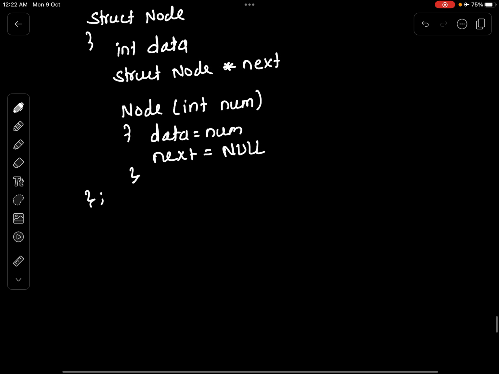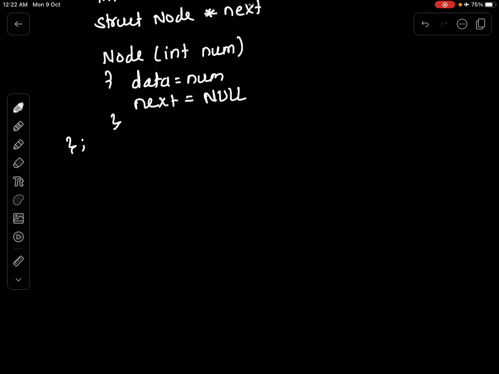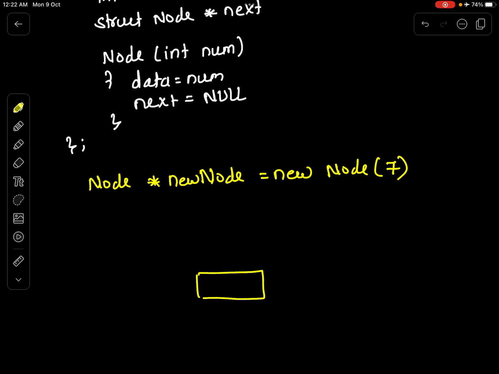Now I have created, say for example, one node. Sorry, I will change my color. Now say for example, a new node will be the variable name I will be using, equals new node, and the value I want to store is, say for example, 7. So it has created a node, okay, 7.